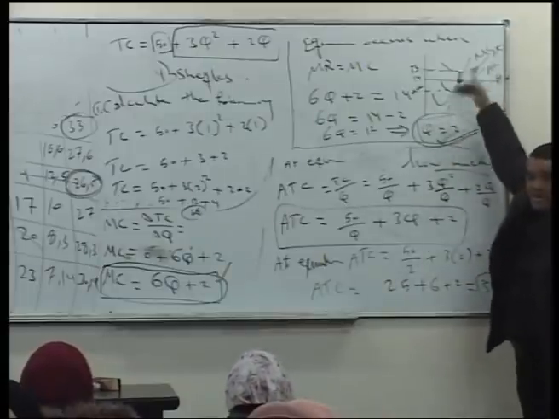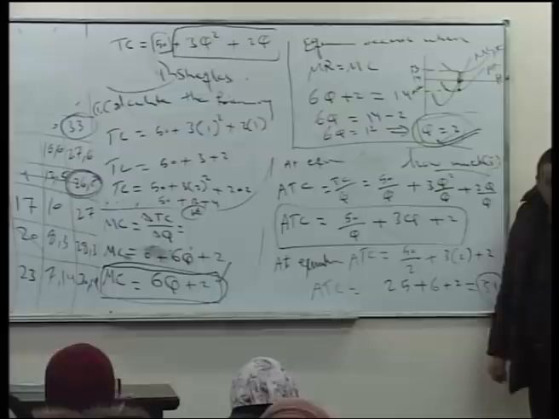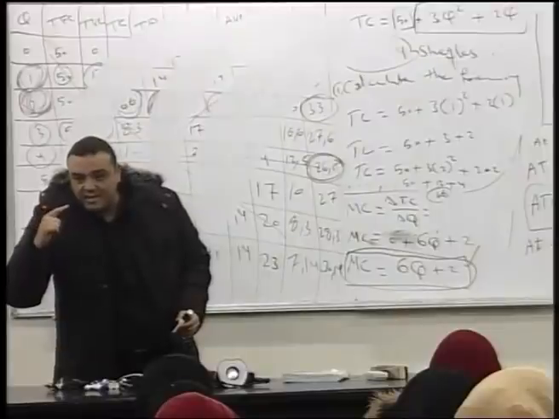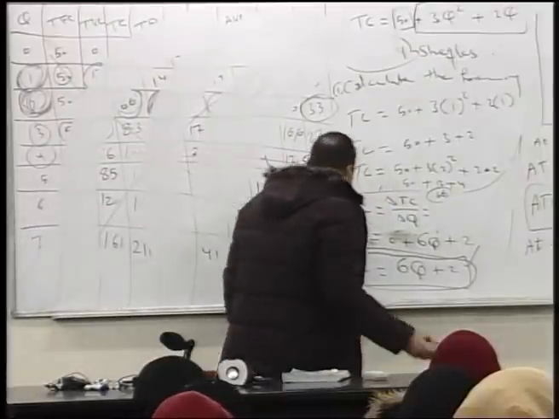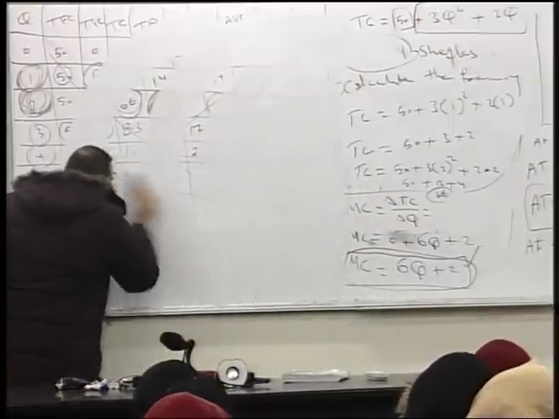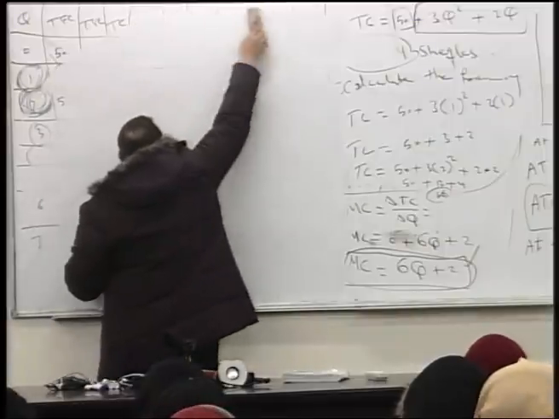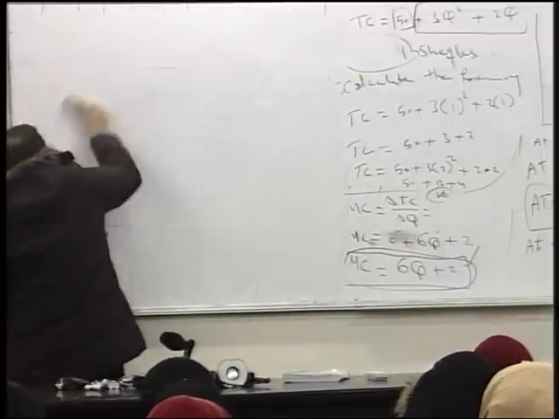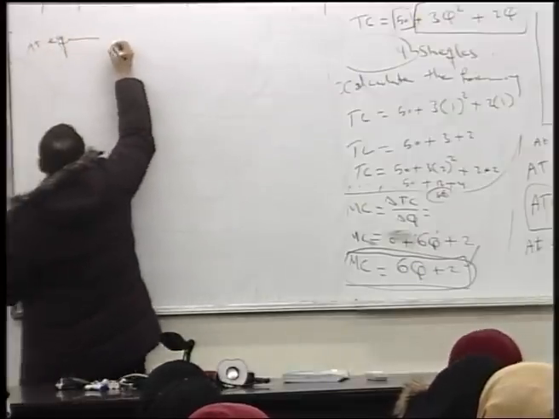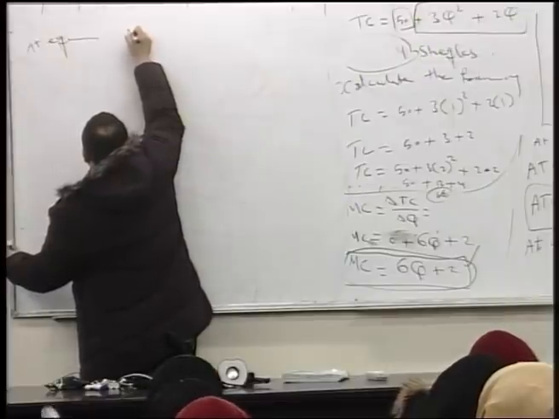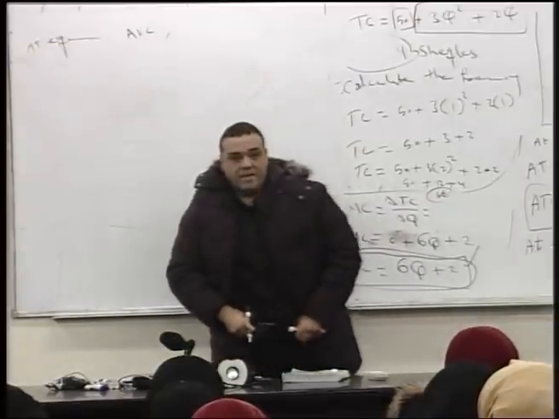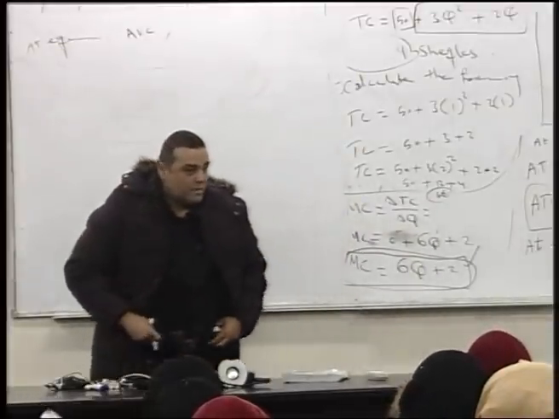Where do I get it from? From the TVC function. At equilibrium, how much is AVC, and what is your advice to this company, to keep working or to close down?